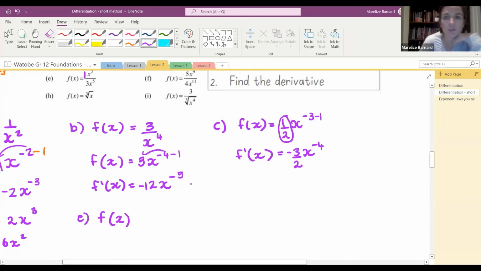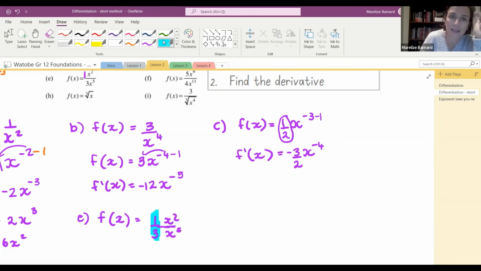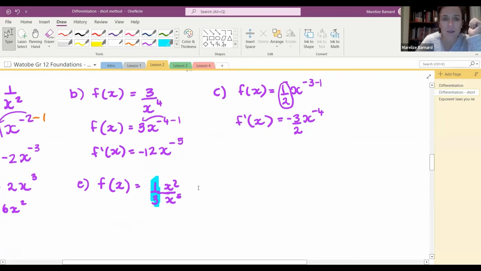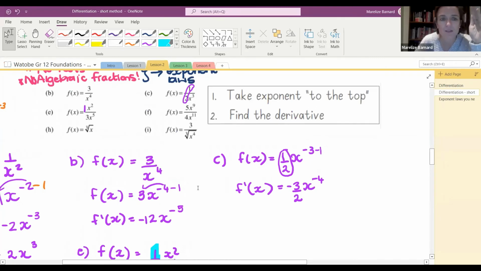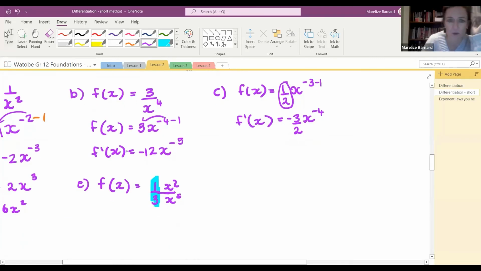So for those of you who are doing E and maybe struggling and getting a 9, do this. Remember, separate out that fraction. Just write it a little bit to the side, and then you have your x squared over your x to the power of 5. This is going to be the coefficient. And we're not taking it up, like I've said now a few times. We're leaving it as it is. What we can do, however, is this: the bases are the same, so we can subtract the exponents.